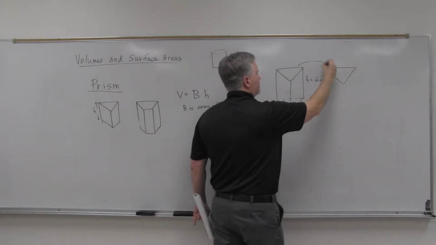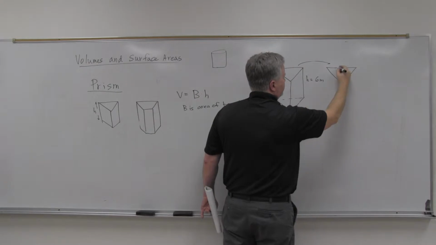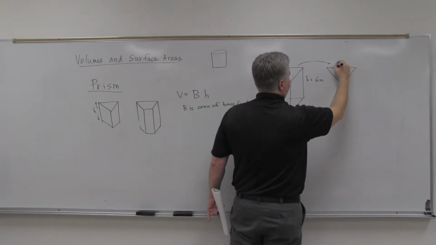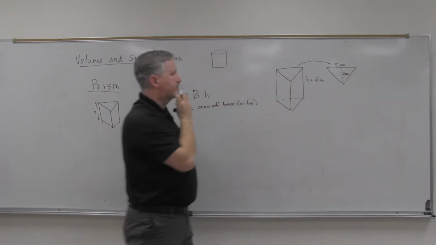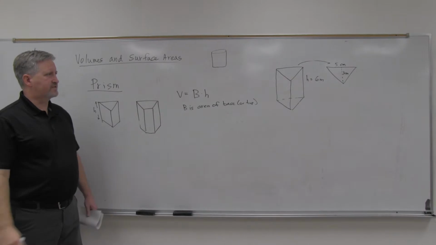The top or the base looks like a 5 centimeter base and a 3 centimeter height. So for this one you would need a base and a height for the triangle.